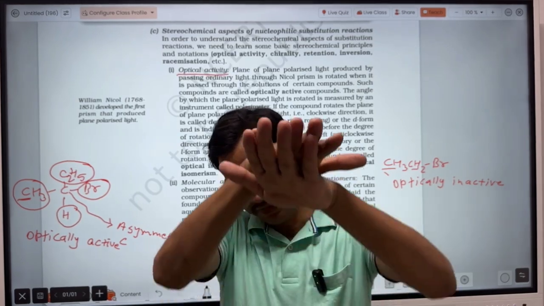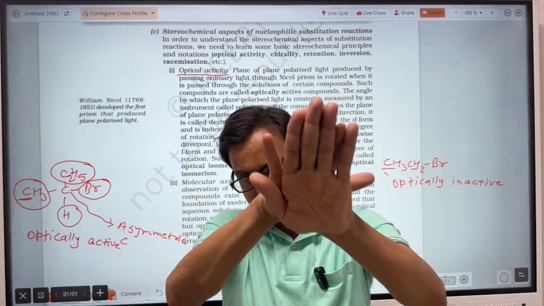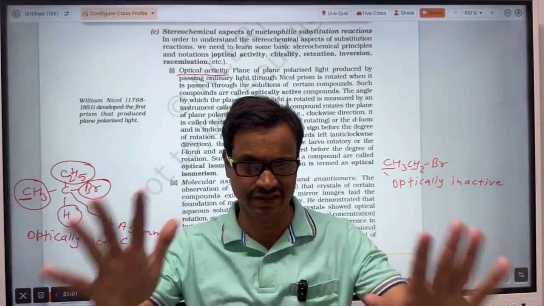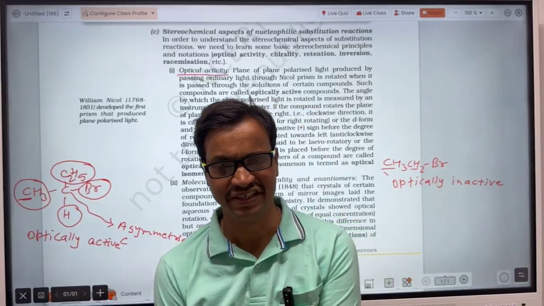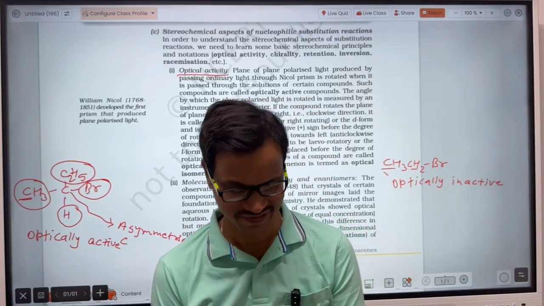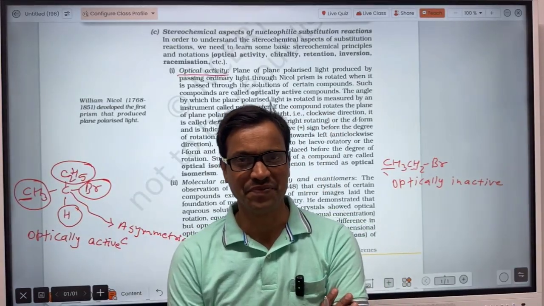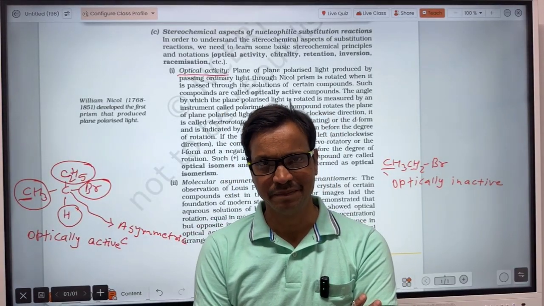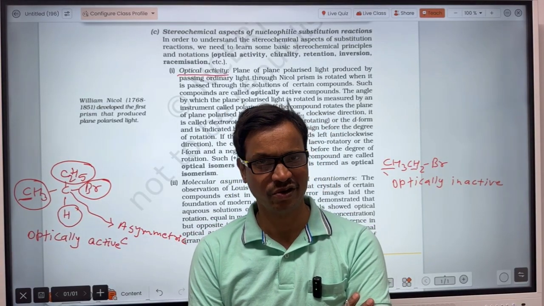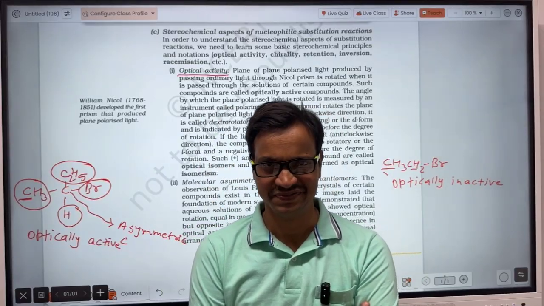So that means your left hand and right hand are not mirror images of each other. Chiral molecules are those molecules which form non-superimposable mirror images. That is called a chiral molecule.